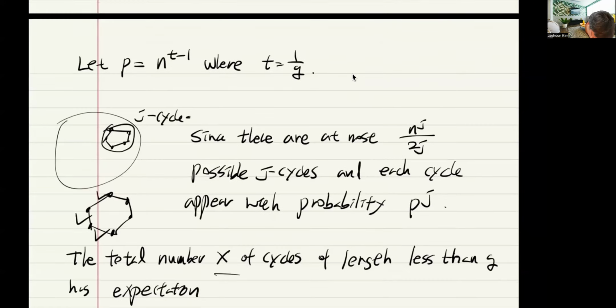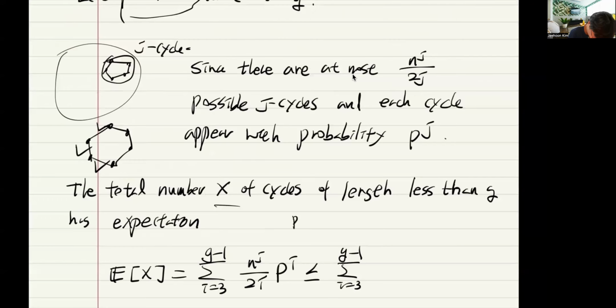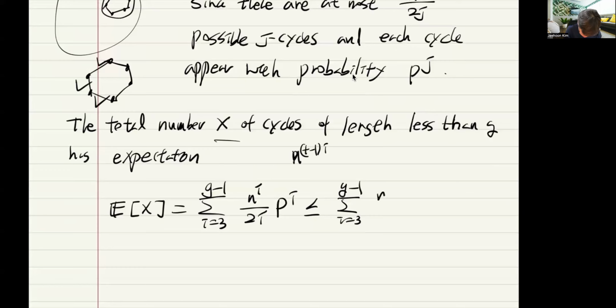What was p? p was n to the t minus 1. You take i, and this is also i. So that's n to the t i over 2i.